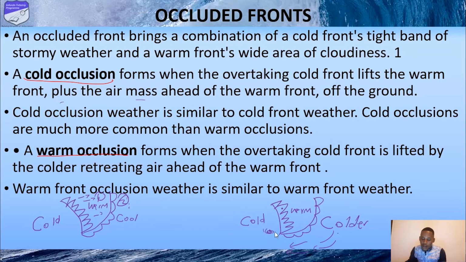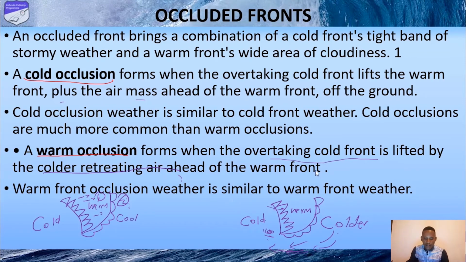Because this one that comes this direction is much colder than this one, right? That's why when you read here we say it forms when the overtaking cold front, this front that is overtaking the warm front, is the one that is lifted by the colder retreating air ahead of the warm front. You get the difference between the warm and the cold occlusion.